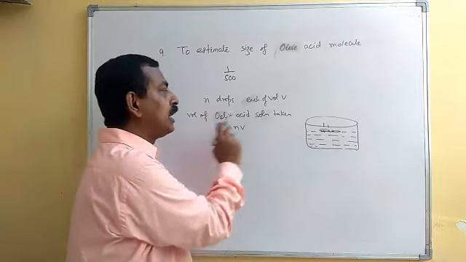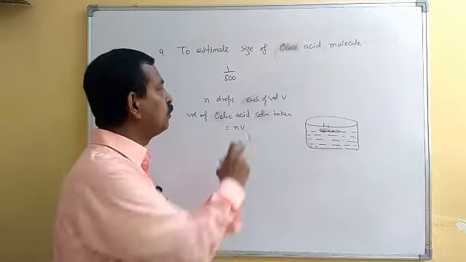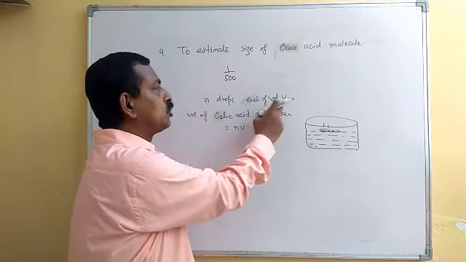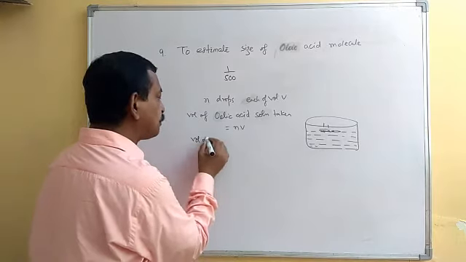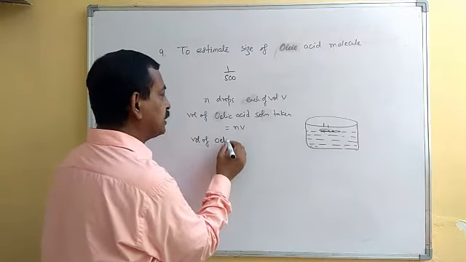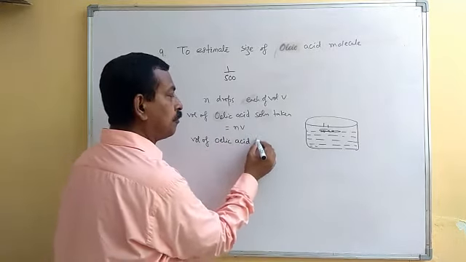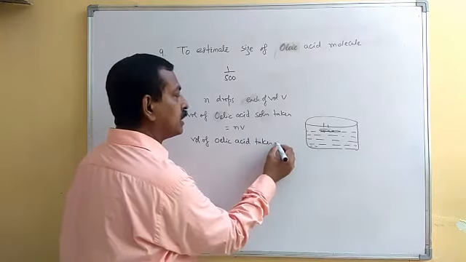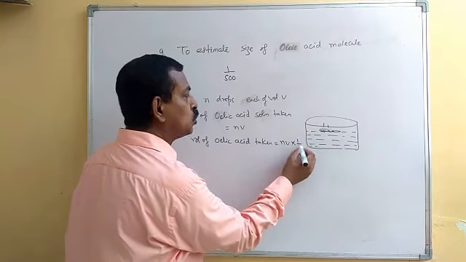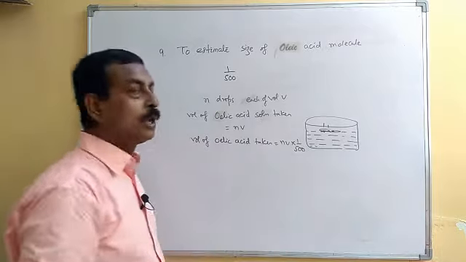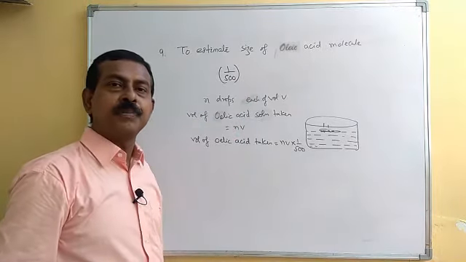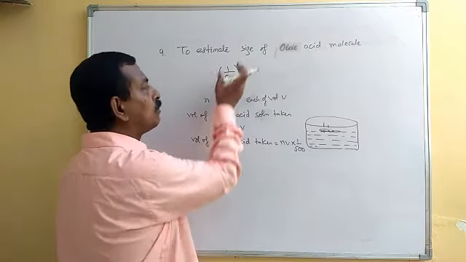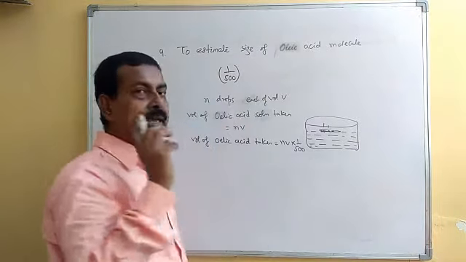So the volume of the oleic acid solution taken will be n into V, because we have n drops, each of volume V. Now the volume of oleic acid taken will be nV into 1 by 500, because the strength we have taken is 1 by 500. This is the strength of oleic acid solution in alcohol.